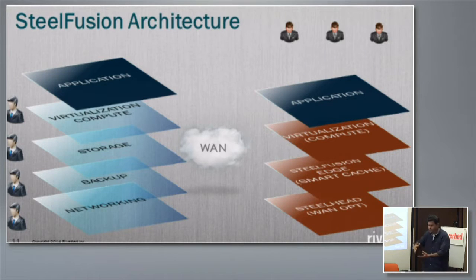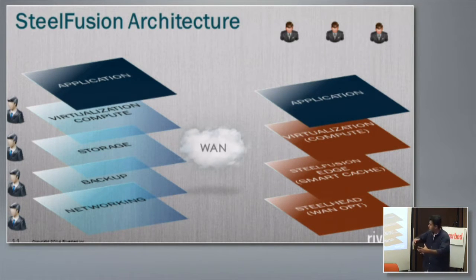And for illustration purposes, this is a single appliance, but I've broken it out, right? It's got standard vanilla ESX in it. It's got the SteelFusion Smart Edge Cache in it. And we're going to go into the details of how this edge cache works, to give you the illusion of LAN-based storage in your branch office, which is actually borrowed from the data center. And then it's got the optimization technology built into it, which is the Steelhead.